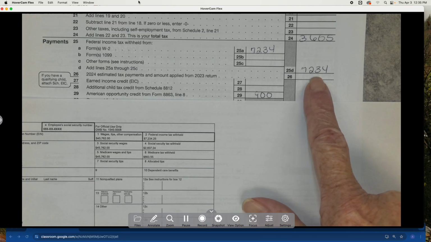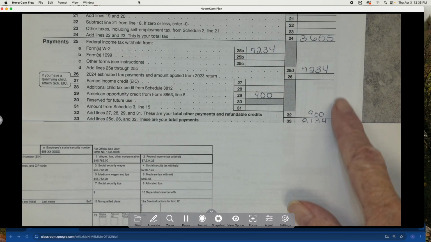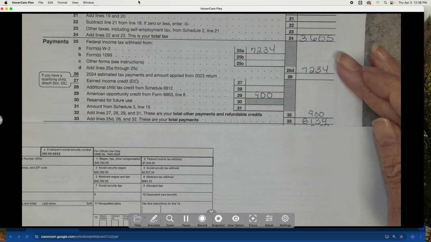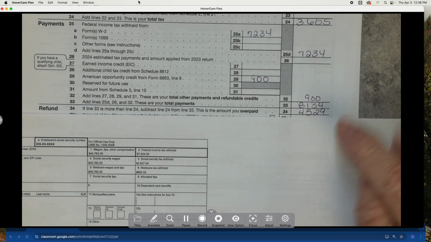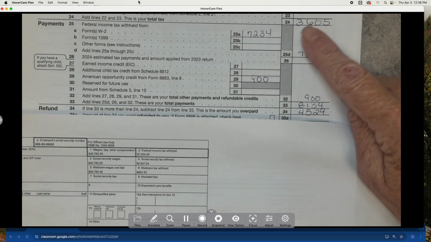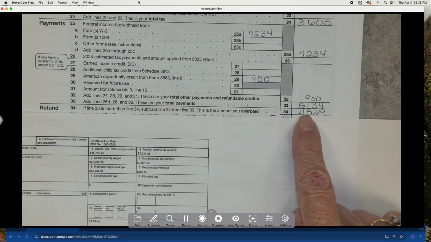So not only did he pay out $7,234, he also gets this $900 credit, and so that brings our total to $8,134. It is like what he paid out in taxes. He is going to take this number minus this number, and that means we overpaid. So he is going to get a refund of $4,529.